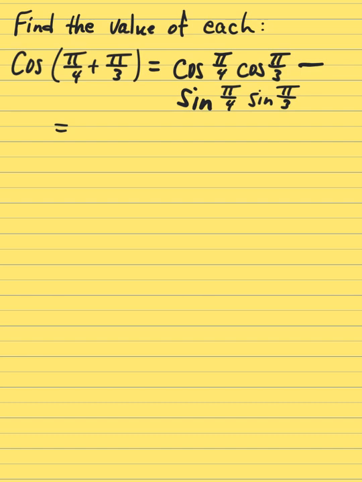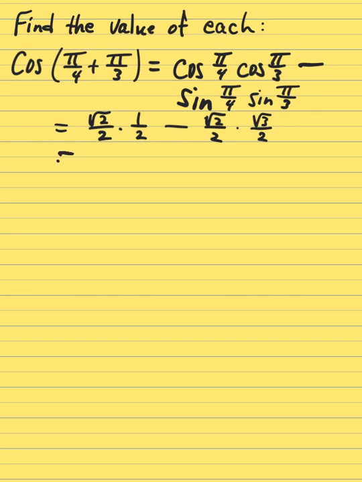Anyway, cosine of pi over 4, you go to pi over 4 on your unit circle, grab the x-coordinate, go to the angle pi over 3, grab that x-coordinate, minus, go back to pi over 4, grab your y-coordinate, and then finally go back to angle pi over 3 and grab your y-coordinates. Remember, cosine is x-coordinate at each angle, and sine is y.